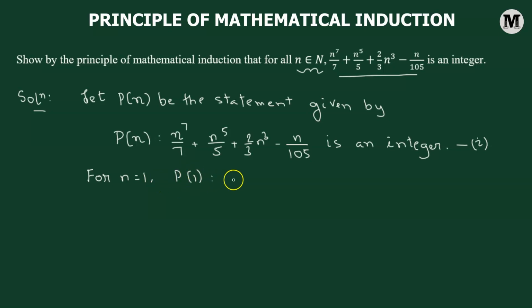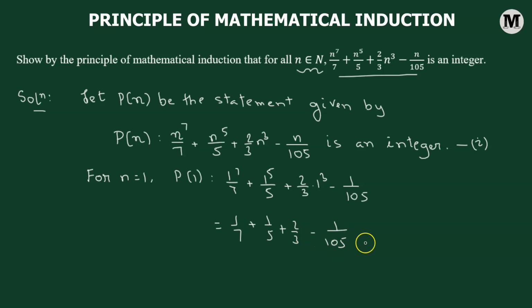So the P(1) statement will be 1 raised to the power of 7 divided by 7, added to 1 raised to the power of 5 over 5, added to 2 over 3 multiplied by 1 cubed, minus 1 over 105. Now we have 1 over 7 plus 1 over 5 plus 2 over 3 minus 1 over 105.